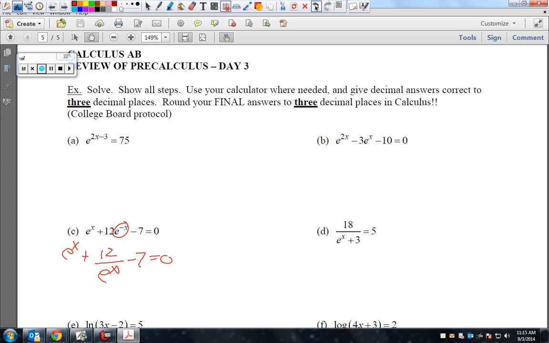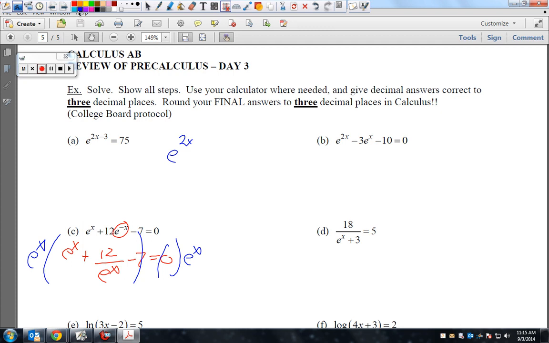Algebraic manipulation. Okay? Now, what would you suggest that I do next? Multiply everything by e to the x. I need that out of the denominator. Get it out. So when I multiply everything by the e to the x, it's to both sides, so that I get e to the what over here on the left? 2x. Good. Thank you for not saying x squared. Okay?